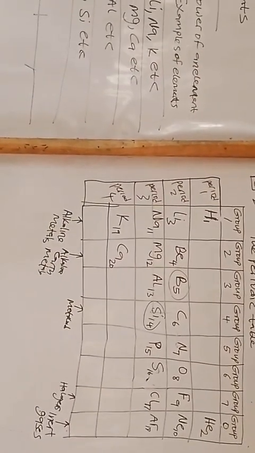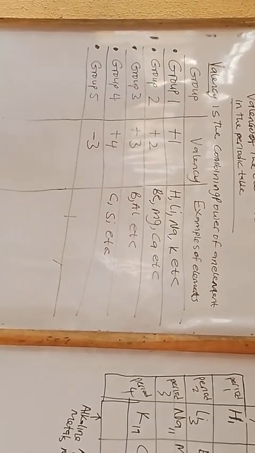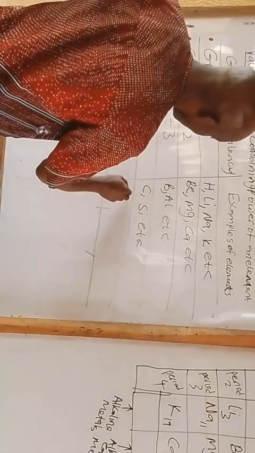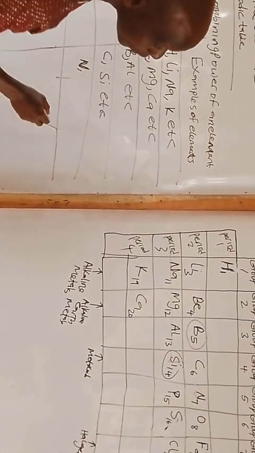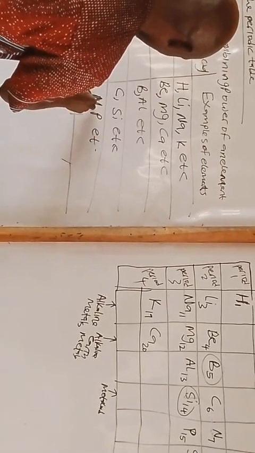They have a valency of -3. Please take note of that. It's 3, but we put minus so that you know they are non-metals. The sample elements here are nitrogen, phosphorus, and so on. So they have a valency of 3 or -3.